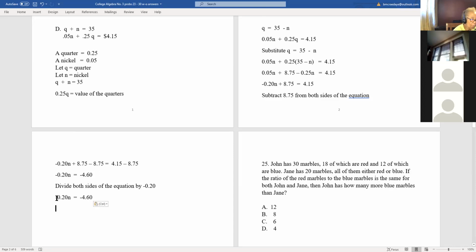We're going to divide this by minus 0.20, and do the same thing over here, minus 0.20.